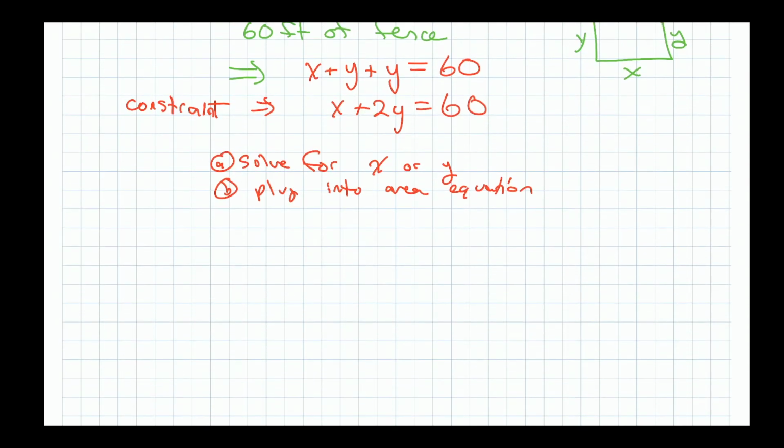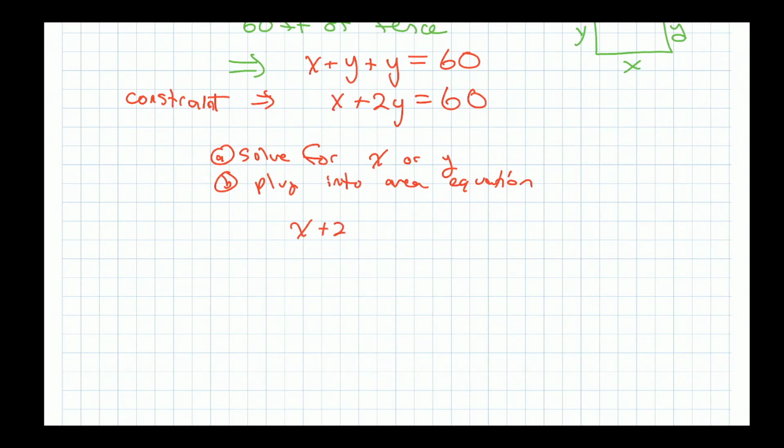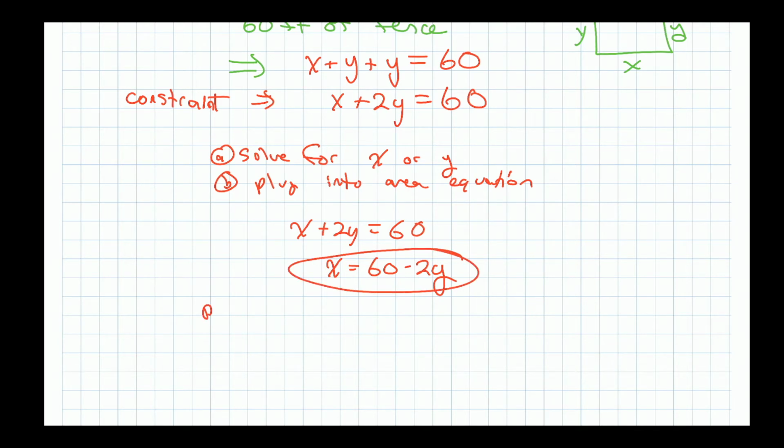So let's do that. We have X plus 2Y equals 60. Move the 2Y over and it says X equals 60 minus 2Y. You're going to take that and plug it into area equals XY.